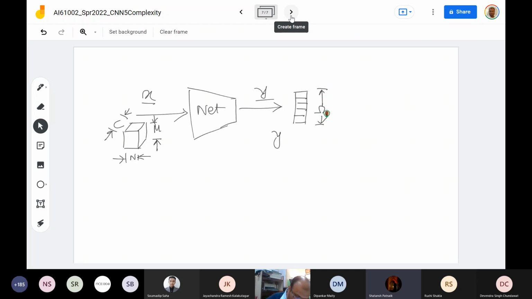So y belongs to R to the power of omega cross 1. Now instead of this, this is what we call a serial mode of operation. I give one input, I get one output, and this is a 2D network.